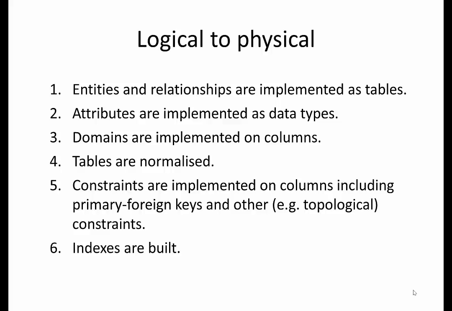Now, there is a tendency, especially for small databases with not many tables, for tables to be equated to entities. So one entity equals one table, and all tables are entities. So if you went to your physical model, all the tables in your physical design would map to one entity in your ER diagram.